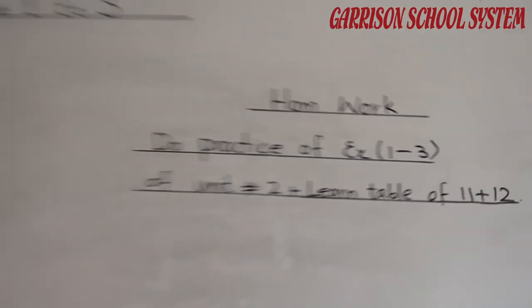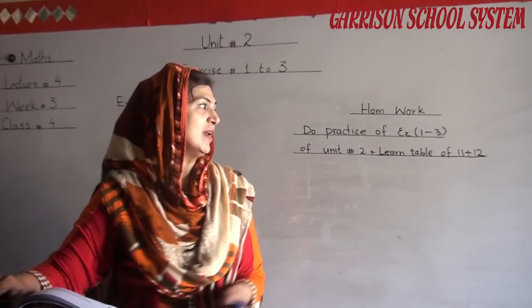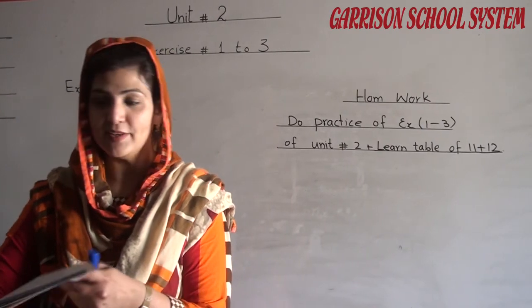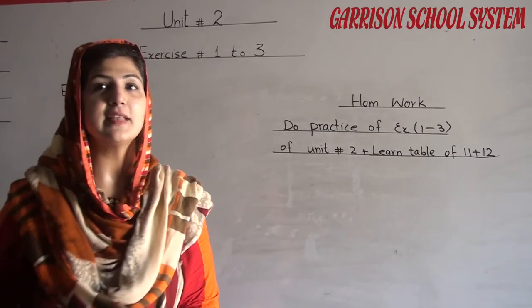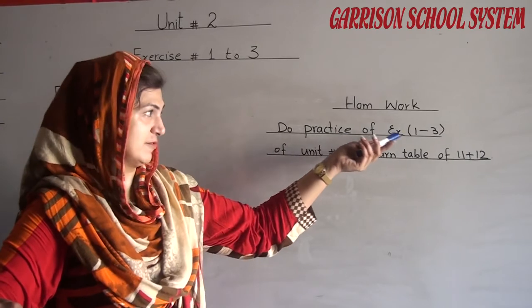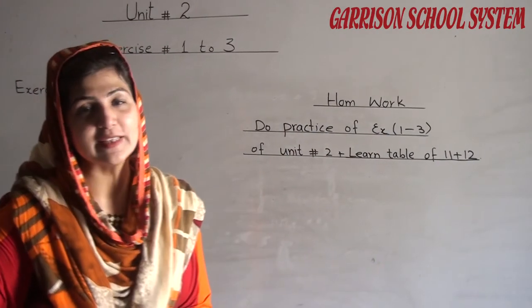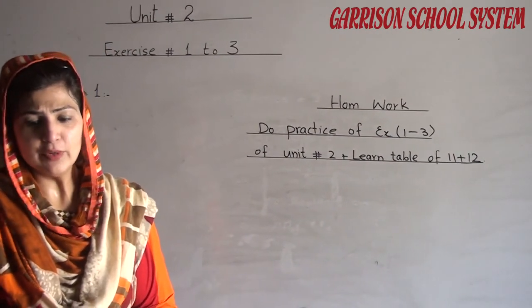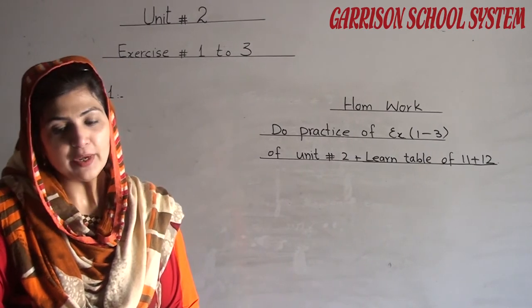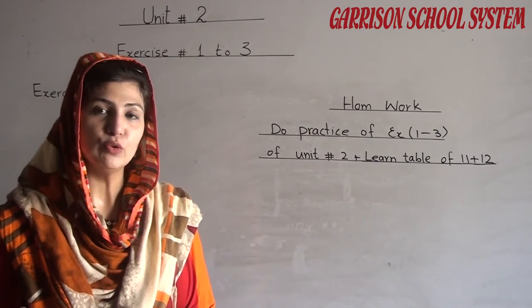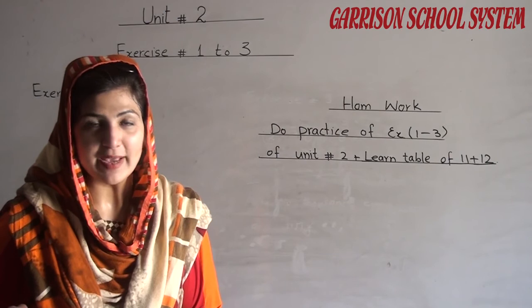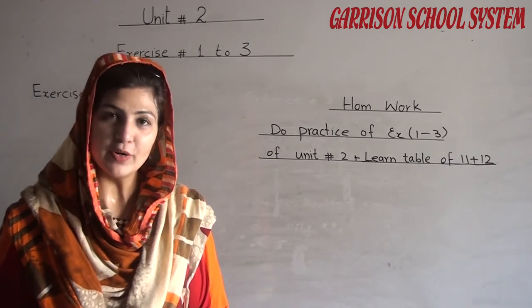Yes students, the table of 11 and 12 is so easy, and the exercises from 1 to 3 are also so easy. I hope you can do it by yourself and you will not tease your parents.